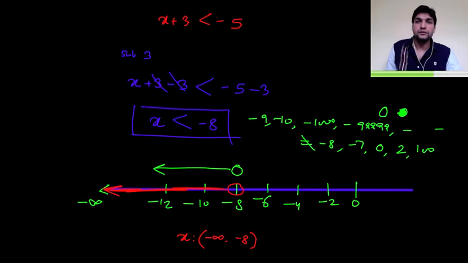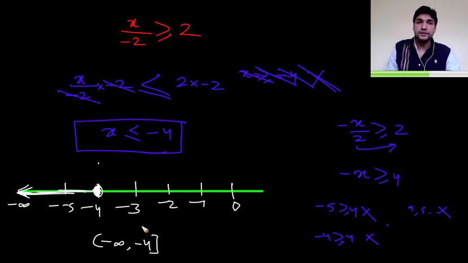In the previous question, see here, I put a normal bracket here, a normal parenthesis sign. I didn't put the square bracket. Why? Because it couldn't take the value of -8. But here it can take the value of -4. That is why it should be a square bracket.